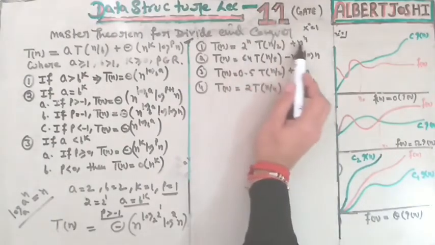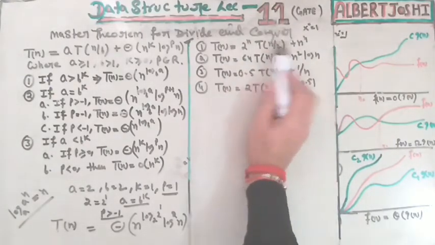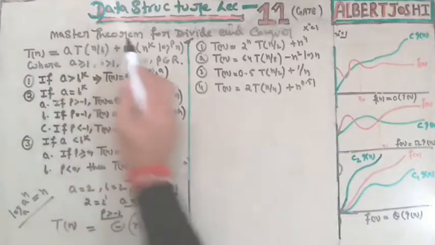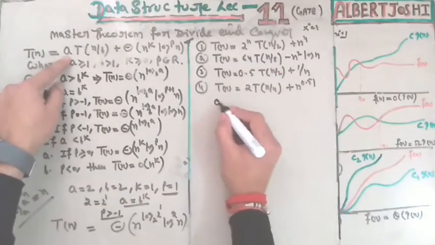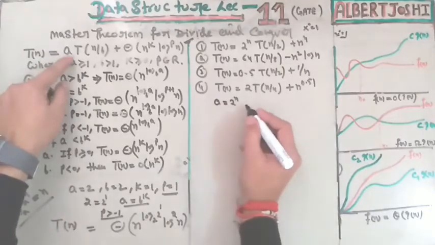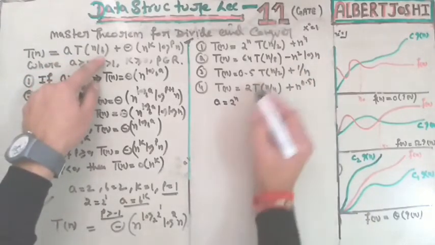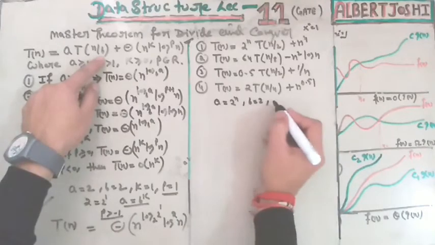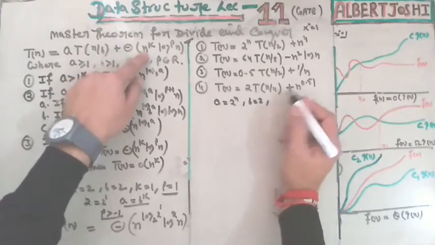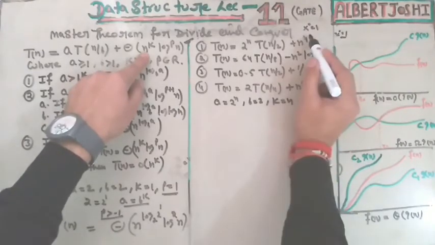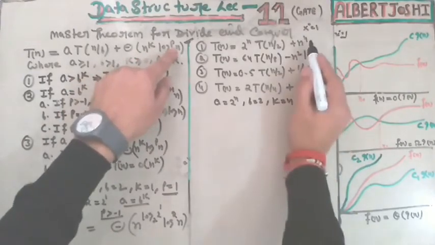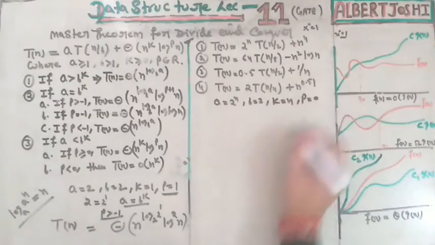Now at first you have to check whether this is satisfying the master theorem or not. According to this, a is equal to 2^n, and b is equal to 2, and n^k, it means that k is equal to n because of n^n. There is no log, it means that you can say that p is equal to 0.